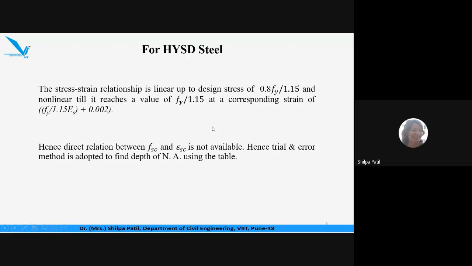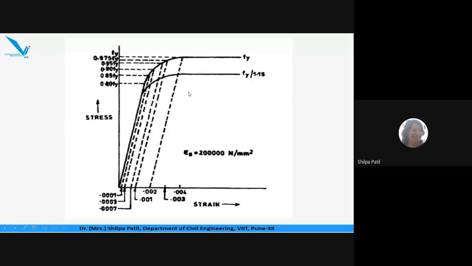The stress strain relationship is linear up to the design stress of 0.8 Fy upon 1.15. So I will go back to this curve, and if you observe the value over here, this value is 0.8 Fy. Now there are two curves you can observe in this graph. First one is the curve related to characteristic stress values, which is presented by Fy, and second curve is the curve corresponding to design stress.